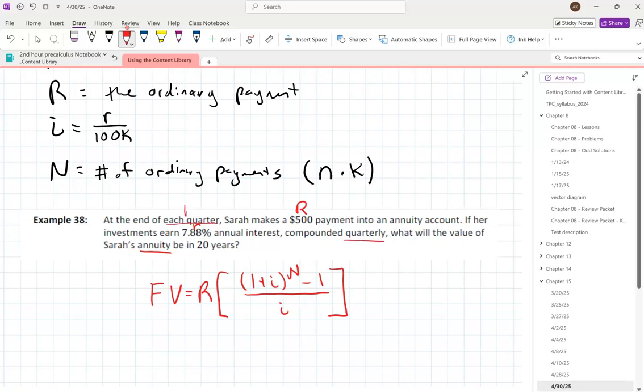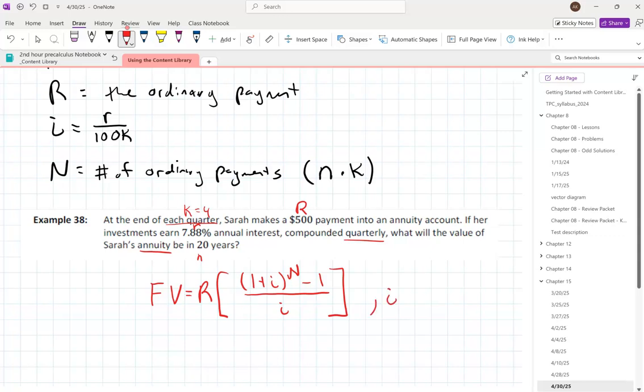Each quarter, that's telling me the k is 4. And 20 years later, that tells me my n, or little n, I should say. Everybody good with where I pulled my values from?